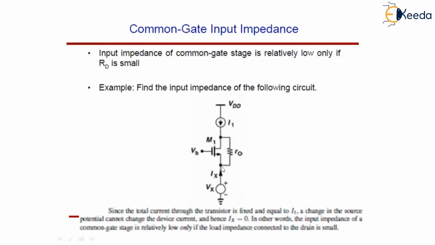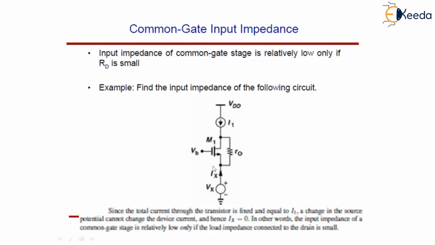Now finding the input impedance of this particular circuit. This is the same common gate circuit in the more general case. Here the drain resistance RD is not applied. Since the total current through the transistor is fixed, equal to I1, any change at the source terminal cannot alter the potential or make any change in transistor M1. So this Ix will be 0.